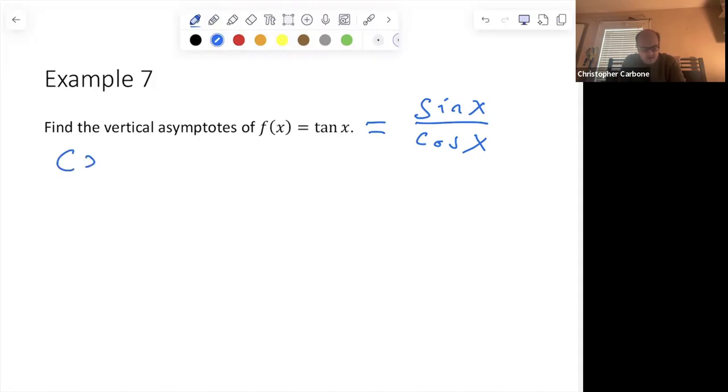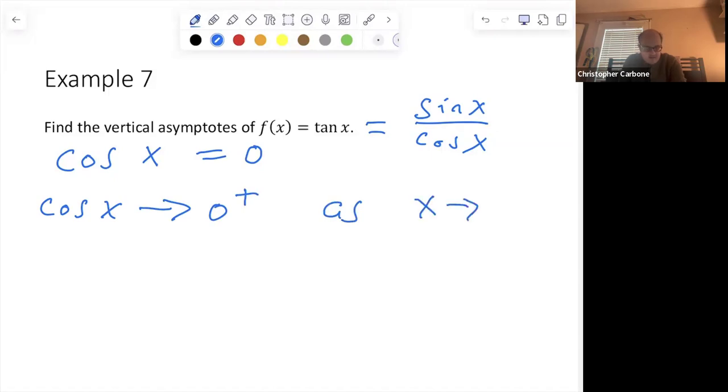So in our case, the cosine of x being equal to 0 would be a potential location for this. So the cosine of x is going to approach a value of 0 from the right as x approaches pi halves from the left.